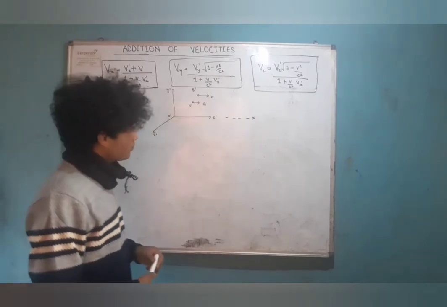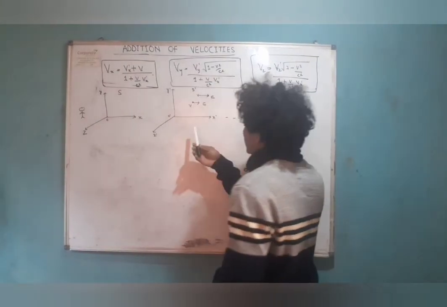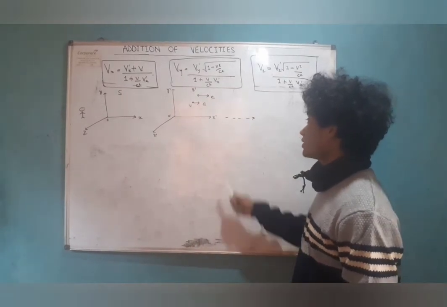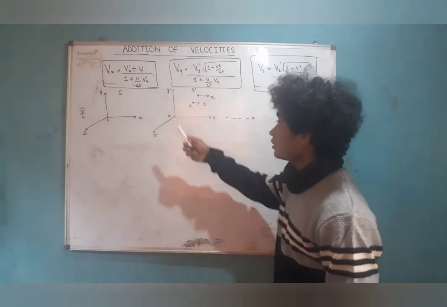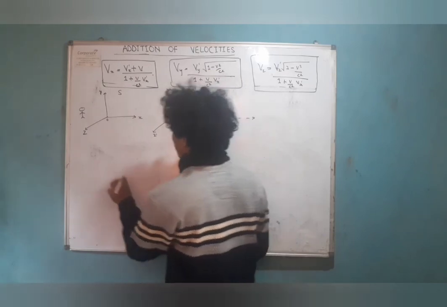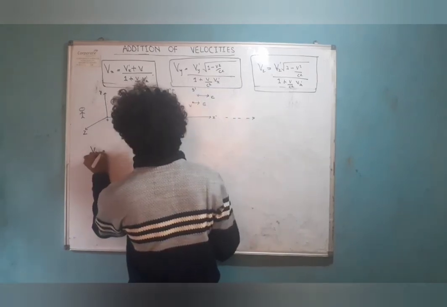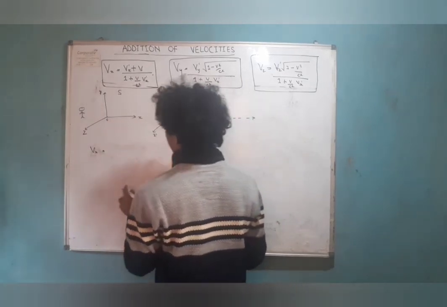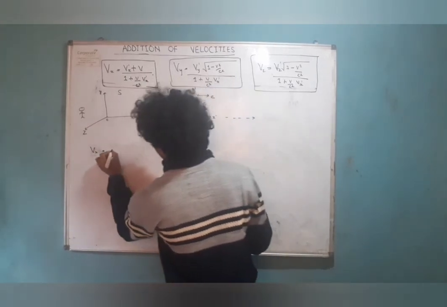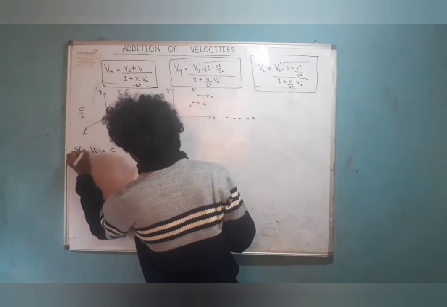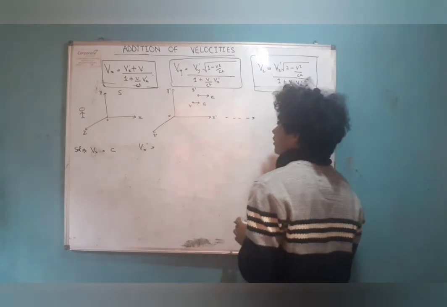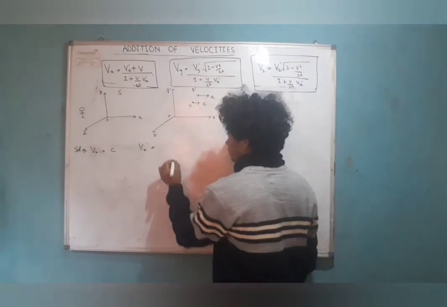So it is moving, as we can see here, along the x direction. Now using the formula, Vx equals c, and Vx prime, the velocity of the particle, is also c.